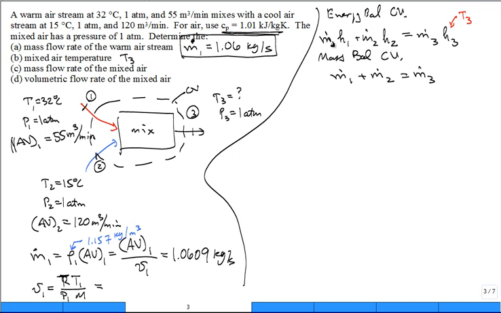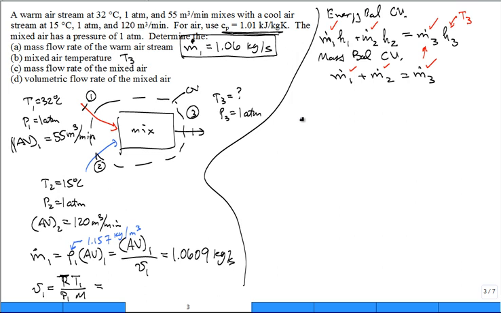If I look at my energy balance, I just solved for m dot 1. We can do the same thing for m dot 2, which will come down here, allow us to calculate m dot 3, put that back up. So that's how I got m dot 3. And now I can solve for h3, and once I solve for h3, solve for T3 or something like that. So do it this way. How about this one?